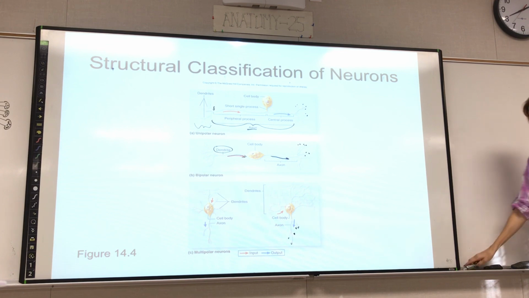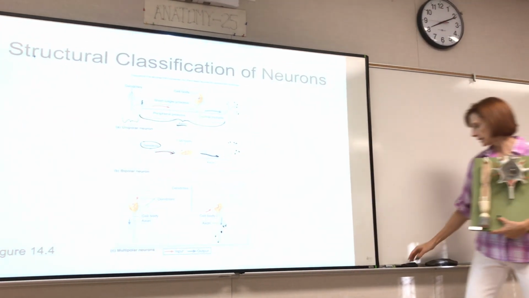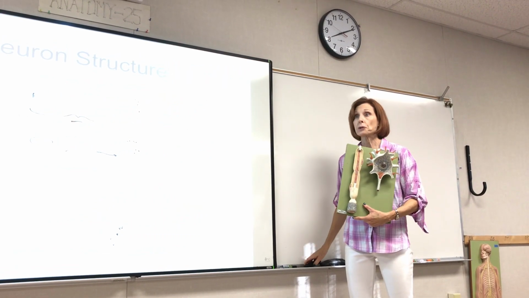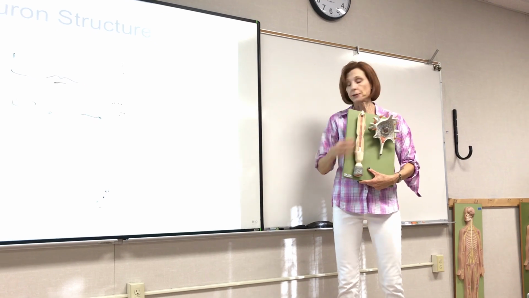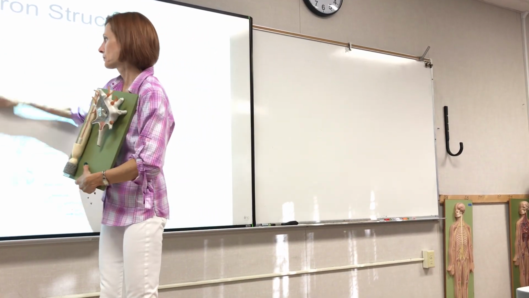Okay, we do have a multipolar neuron model. And so we're going to take a look at a multipolar neuron a little bit more up close and talk about just a few things that neurons have that are kind of different from other cells.